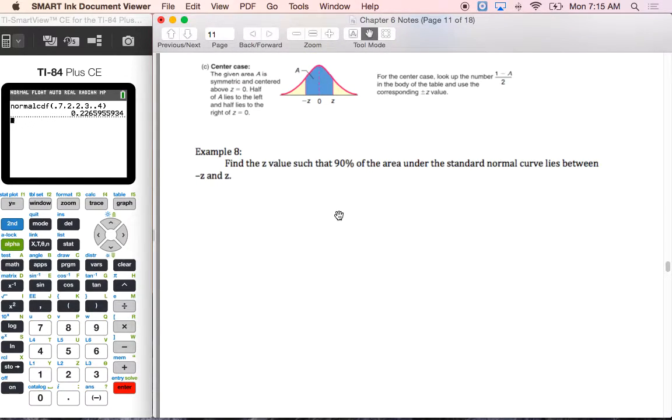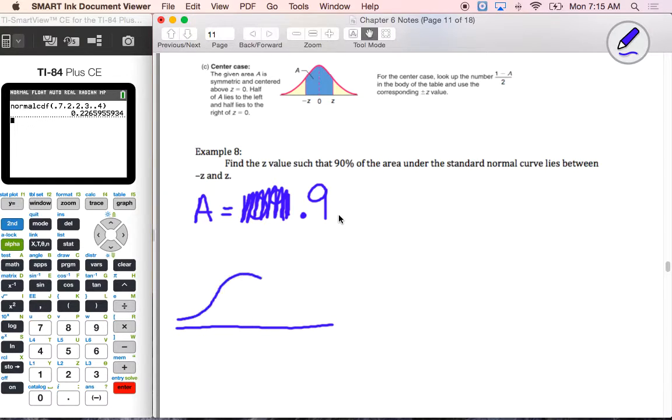We have 90%, so that means we got 0.9, because you have 90%, so you move your decimal over 2 places to the left, so 0.9 goes with 90%. You're going to find your z value, because right now we have a picture here that says, here's my negative z, here's my positive z.